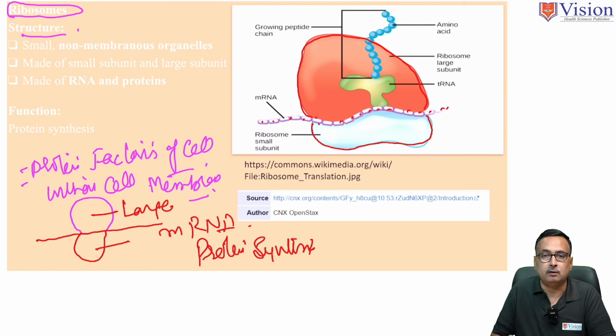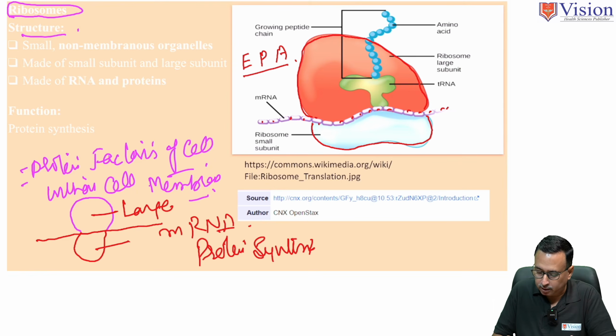The large subunit contains three important components. These are designated as E, P, and A. These are three sites on the large subunit.